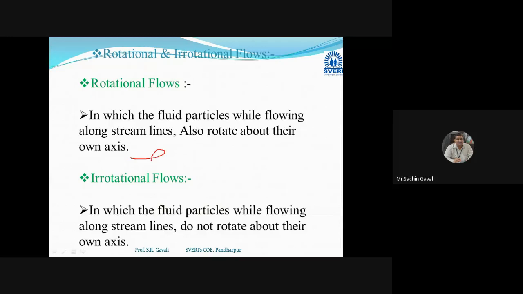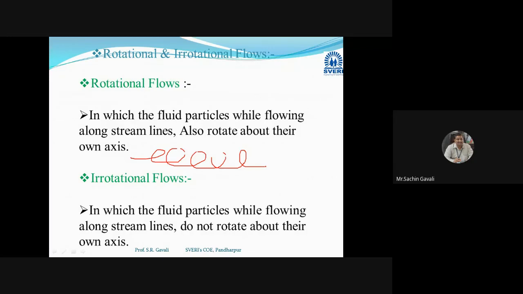So for example, the fluid particle movement is going to be like this. This kind of flow is called rotational flow. For example, the Earth takes one complete round around the sun in 365 days, which we call a year.